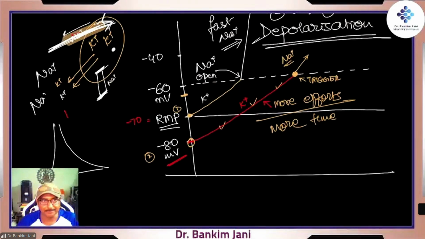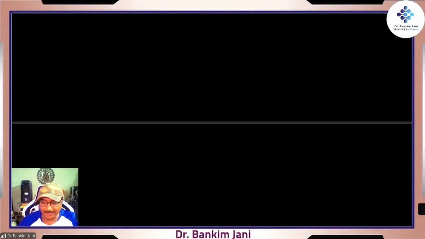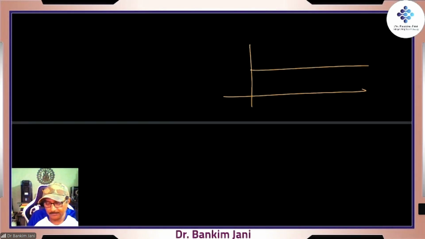We'll see what the catch is. Say over here, I'm now writing the numbers. Let's say normal is minus 70, or minus 70 is okay, right? And this is minus 60, at which the sodium would be triggering.